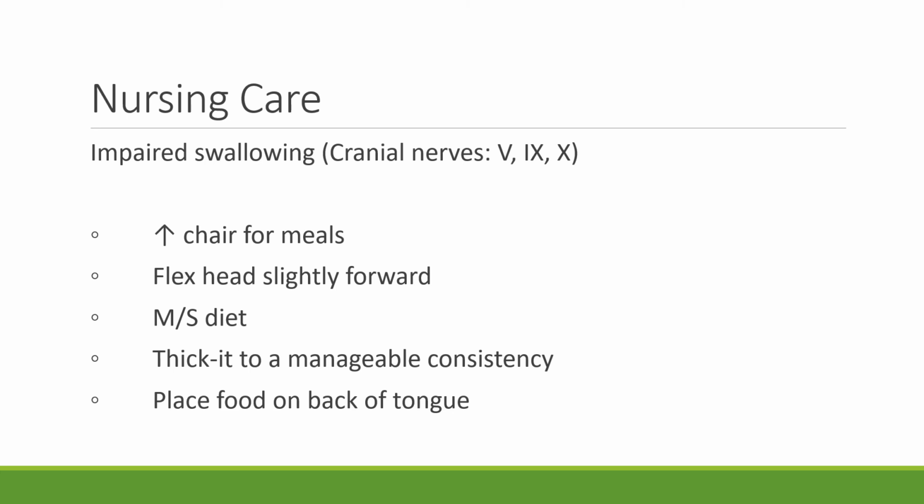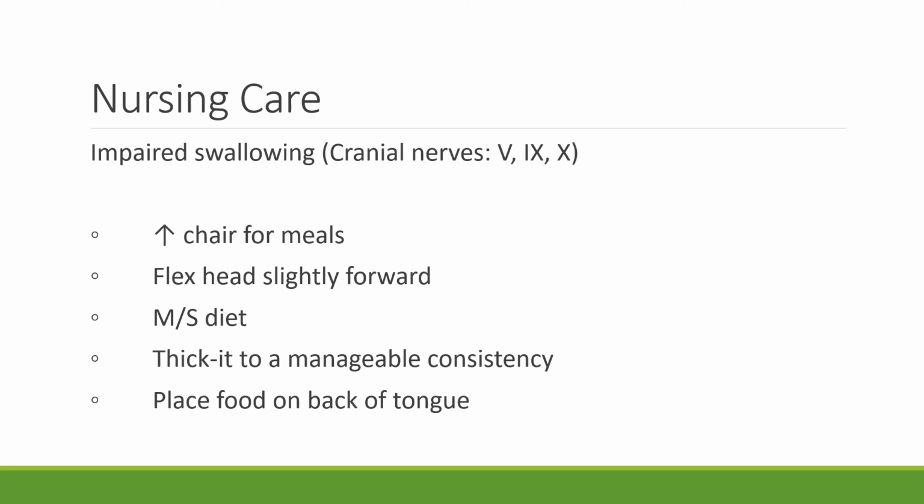So the thicker the food or the fluid, the less likely it has the chance to slip into their trachea and then into their airway. So we may use that. So there's nectar thick, there's pudding thick, there's honey thickness. So there's different thicknesses that we can use to help reduce the chance of aspiration.